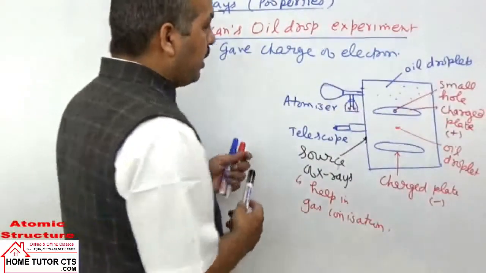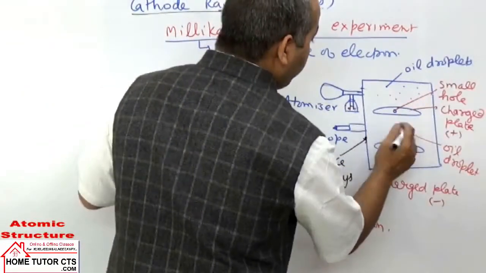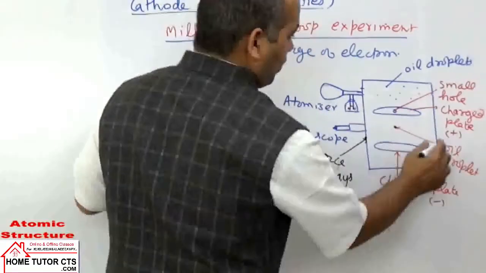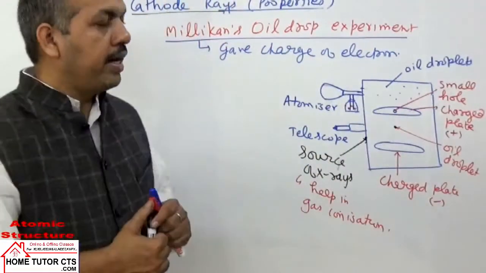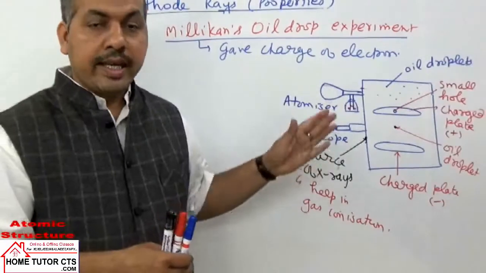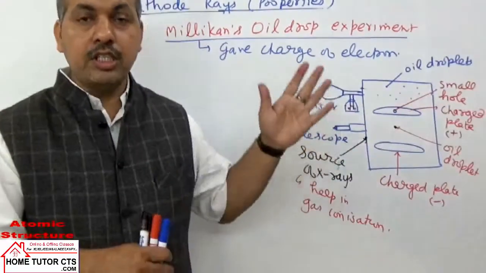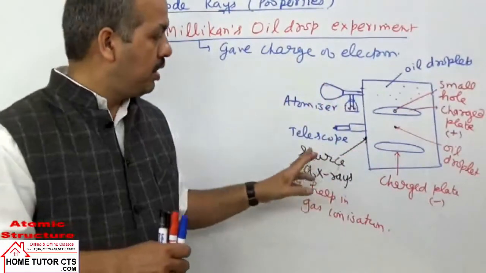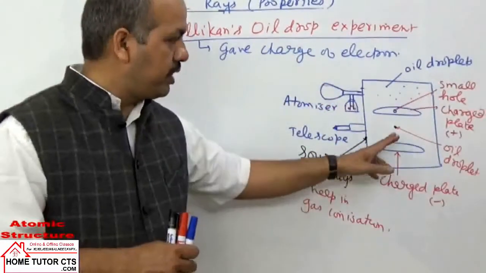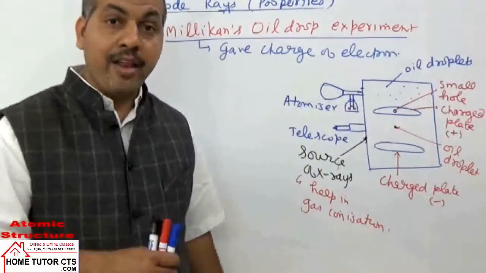When we apply the electric field and also the magnetic field, this is the oil droplet under observation. The gas is ionized inside this chamber, which contains gas at low pressure, and the source of X-rays helps in the gas ionization.